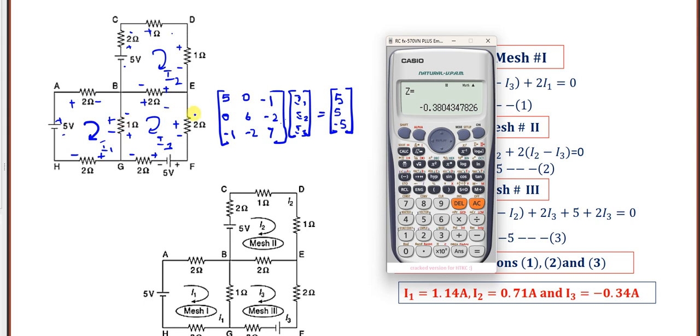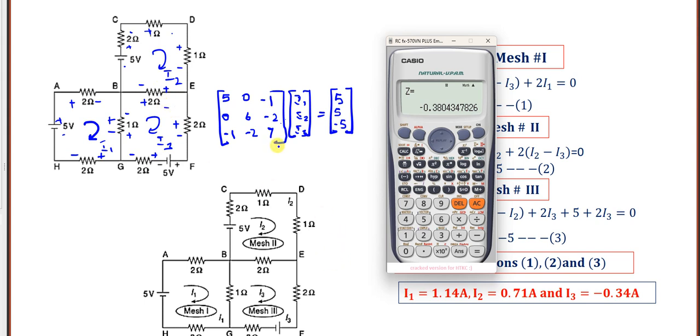2 plus 2 plus 1 is 5. 0, because common to 1 and 2 is 0. Minus 1 I3 is equal to 5 only, correct. This is also 5 only. It is plus 2 minus 7, so minus 5. Okay, this is 6, sum of resistance in mesh 2: 2 plus 1 plus 1 plus 2, it is 6.